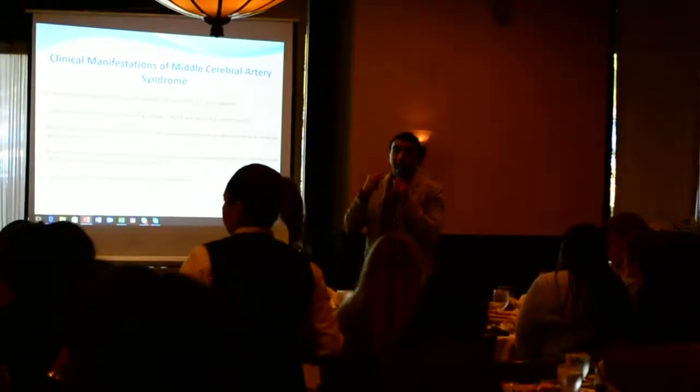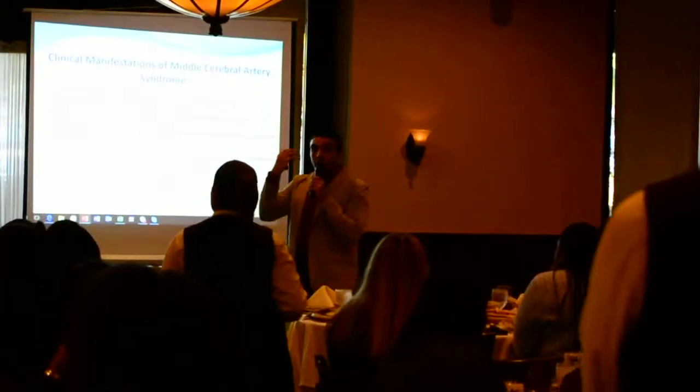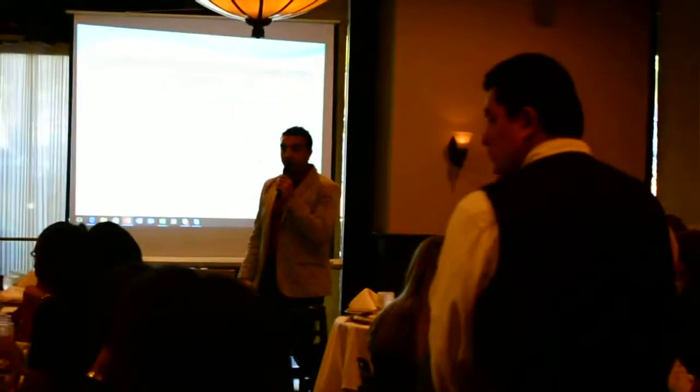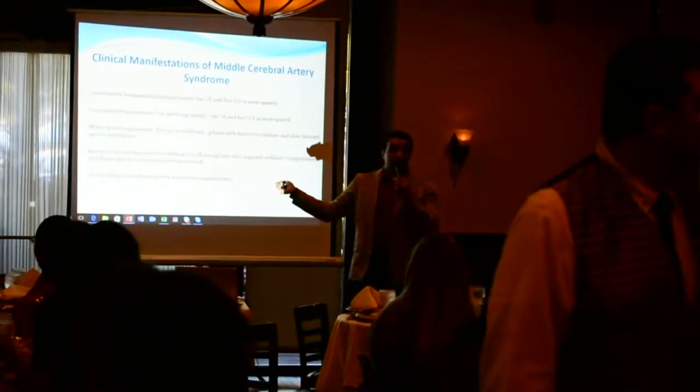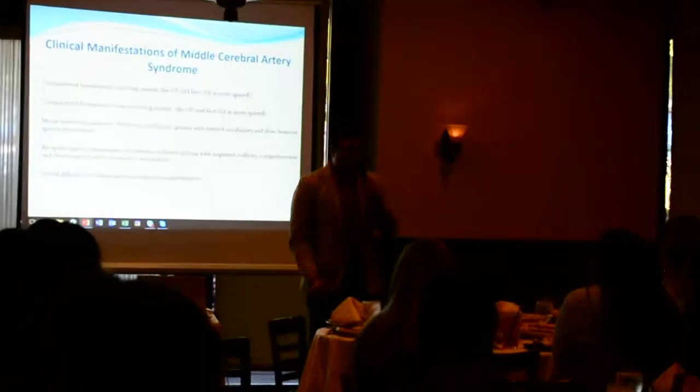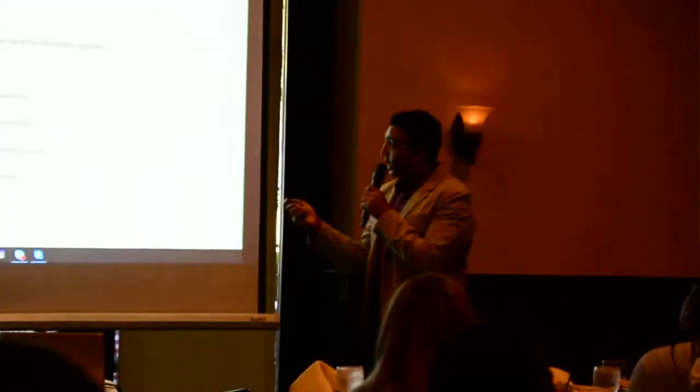So this patient will be affected more in the upper extremity and the face than the lower extremity. We will also see a contralateral hemisensory loss. Very commonly, we will find aphasia with this patient. Unilateral neglect, we will see apraxia, contralateral hemianopia. So these are the features.